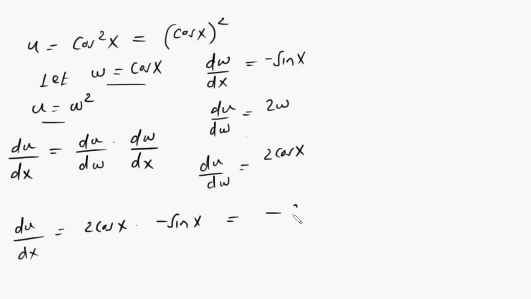Kwa hiyo ni negative 2 sin x cos x. So we have u equals cos squared x, du dx tumepata negative 2 sin x cos x.